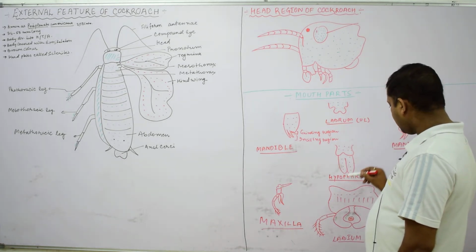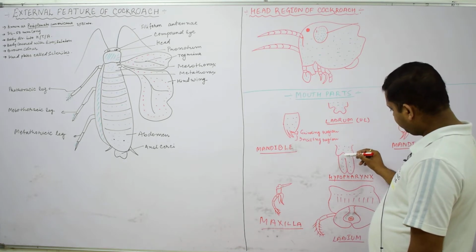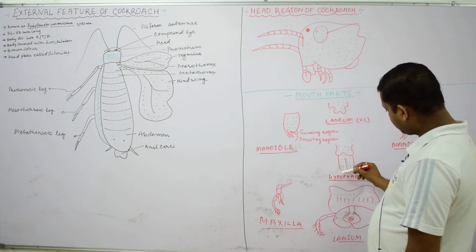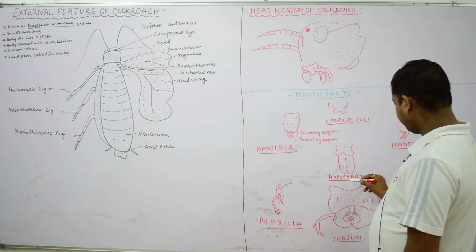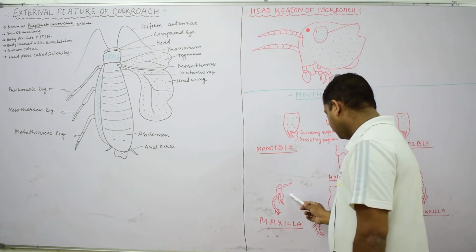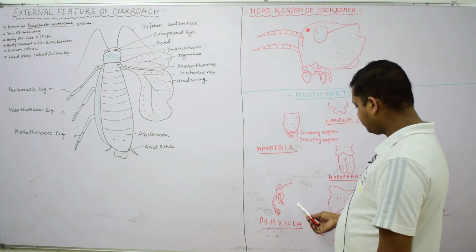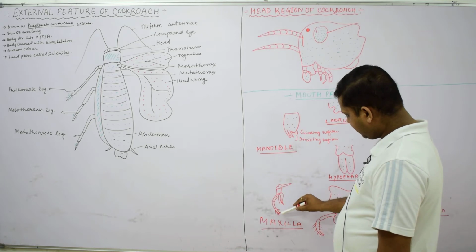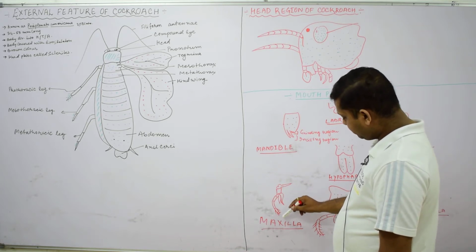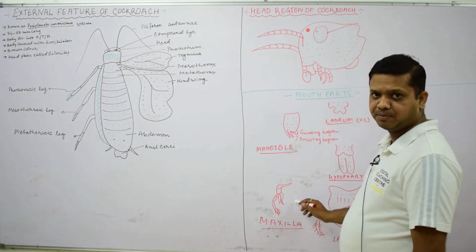Now, we will see the hypopharynx region. This is the hypopharynx region, which is made of chitin, and it is a prominent W-shaped structure. Now, we will see one pair of maxillae. As we can see, left and right maxillae are pointed and have prominent sensory appendages by which they catch the prey.